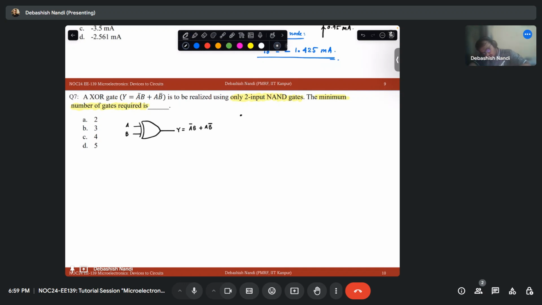So we have Y equal to A bar B plus A B bar. Fine. Now what is your two input NAND gate, let's say inputs M and N. So your F would be (M N) bar.